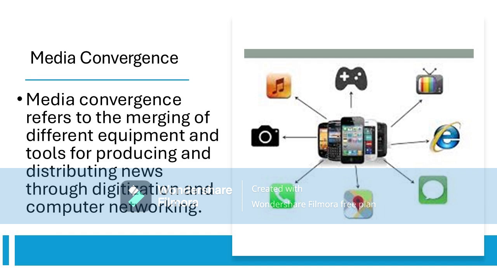This is also known as technological convergence. Now, media convergence is a synergy of communication, computing, and content in the digital world. A smartphone that has camera, radio, web browser, and video is an example of converged media.